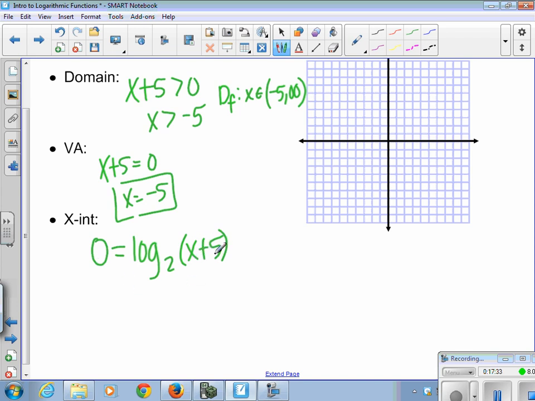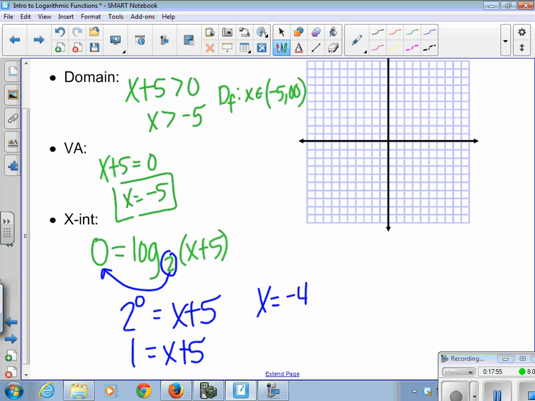We can't move stuff outside parentheses if it's inside that log. So the way that I'm going to solve is by shell snail. So 2 to the 0 equals x plus 5. And we said 2 to the 0 is just 1, so 1 equals x plus 5. And when I subtract 5, x is going to be negative 4, and so my intercept is (negative 4, 0).